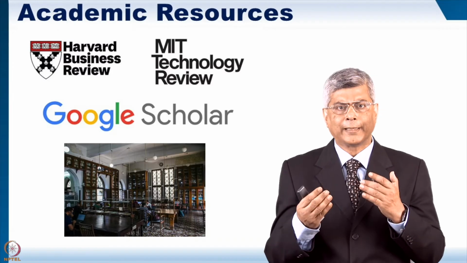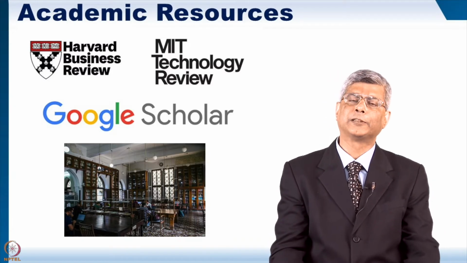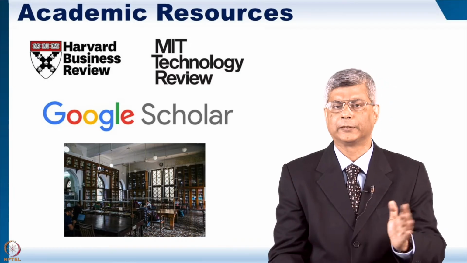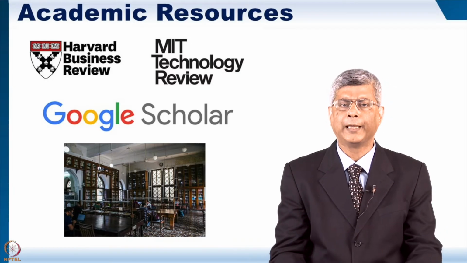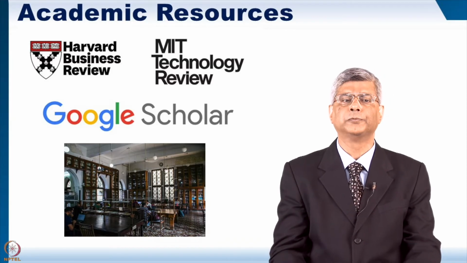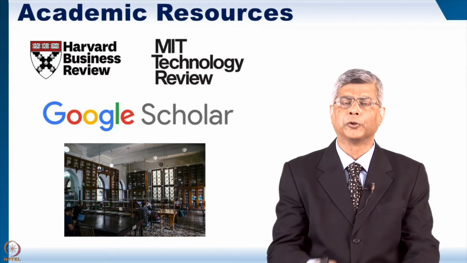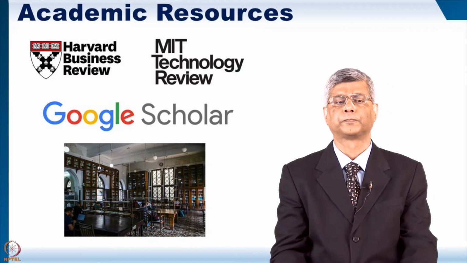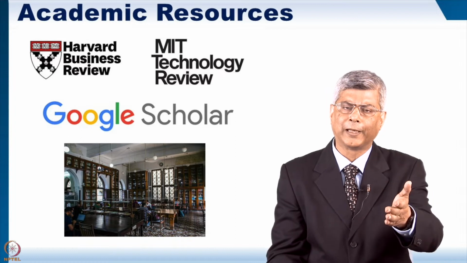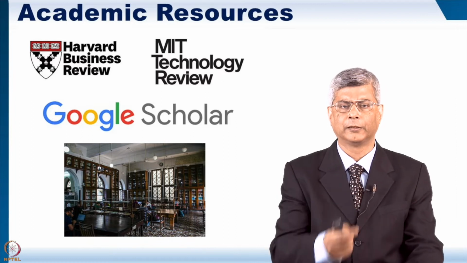You can also look at academic sources. So some of the world's best are, you can go to the Harvard Business Review, you can look it up online, or you can go to an MIT Technology Review, you can go to Google Scholar, or you can just walk to a library. The picture below.